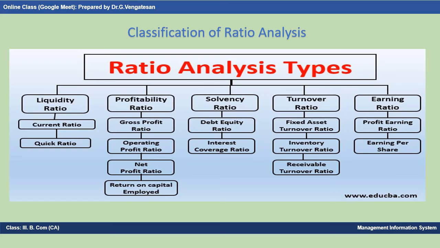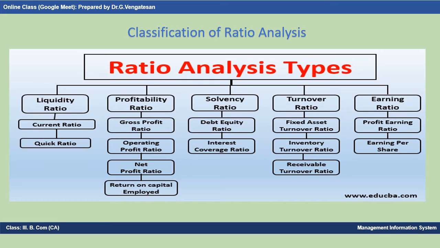In the head of turnover ratio, we have fixed asset turnover ratio, inventory turnover ratio, receivable turnover ratio. Finally, under the head of earning ratio, we have price earning ratio, earning per share. These are all the types of ratios that we are going to discuss in Unit 2 under the head ratio analysis, which is coming under the category of financial statement analysis.